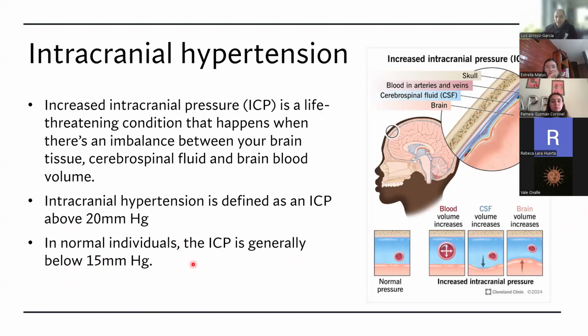If we are below that, our brain is okay, the liquids in the brain are okay, the mass in the tissue is okay. And if we have above 20 millimeters of mercury, then we have intracranial hypertension, ICP. Okay, so we start from there.